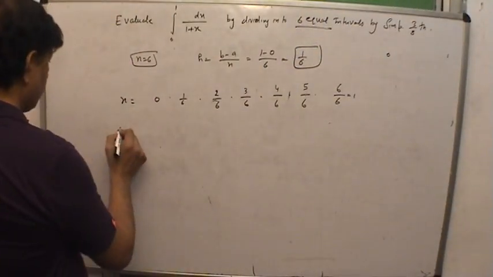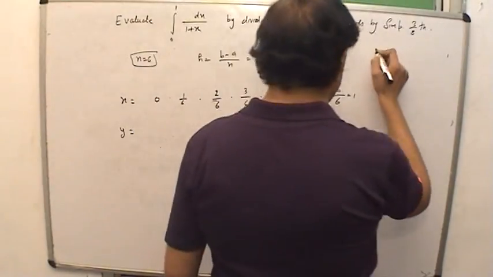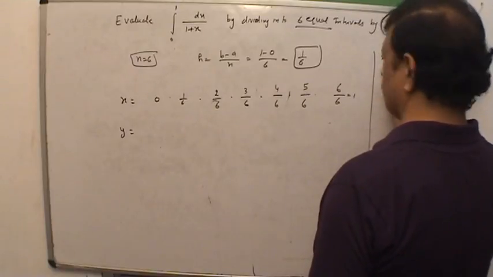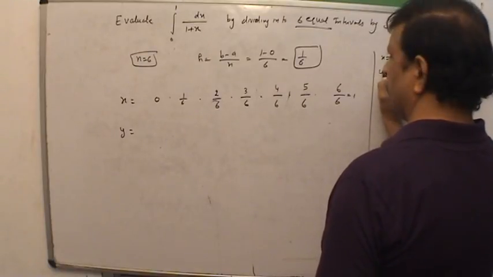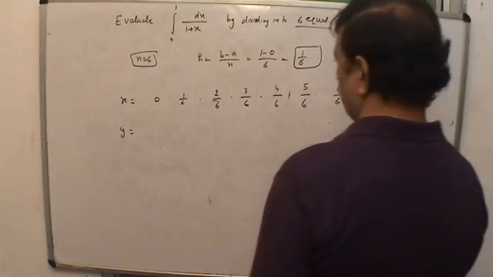For this, we find the value of y for the given function. When x is equal to 0, then y is equal to 1 upon 1 plus 0, which is equal to 1.